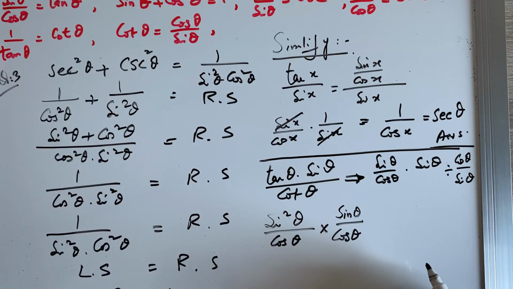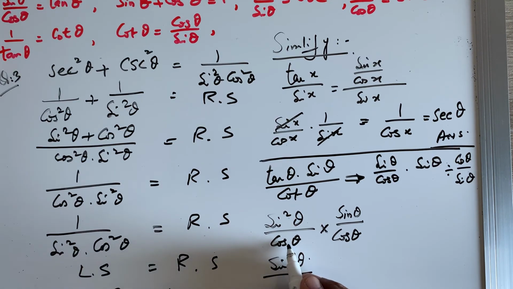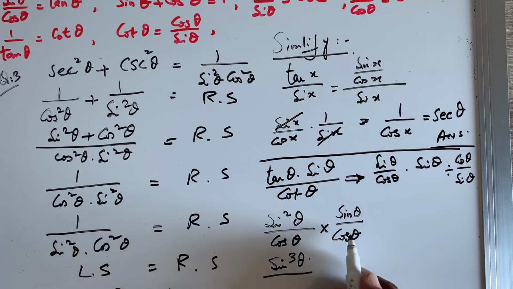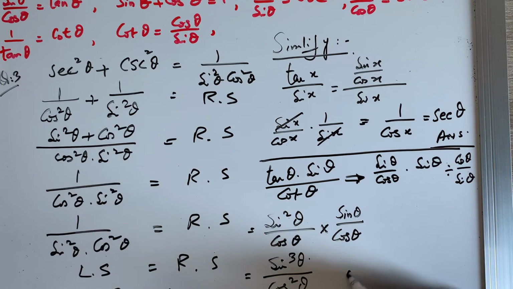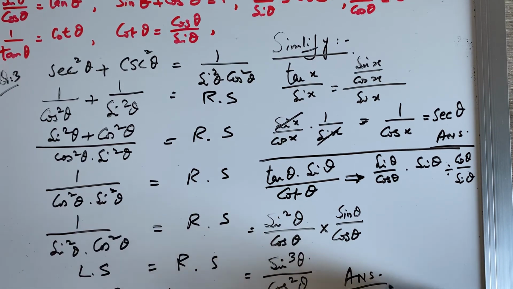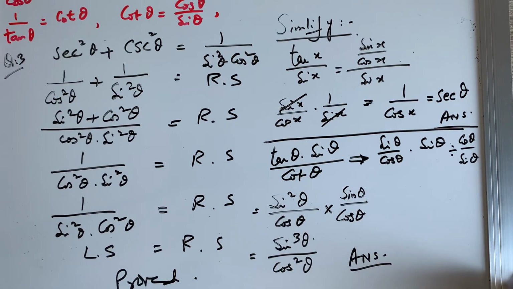Sine squared theta times sine theta, which comes out as sine cube theta, divided by cos squared theta. This is cos theta times cos theta, cos squared theta. So this is what you get by simplifying tangent theta sine theta over cot theta: sine cube theta over cos squared theta.